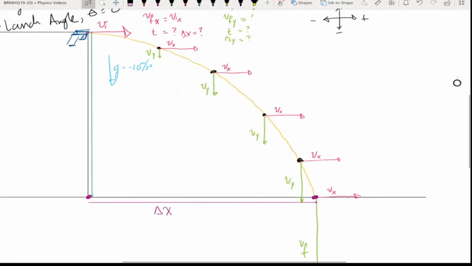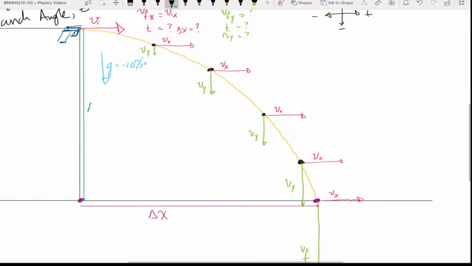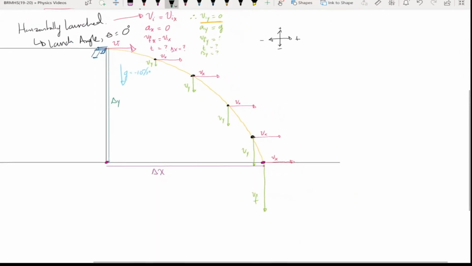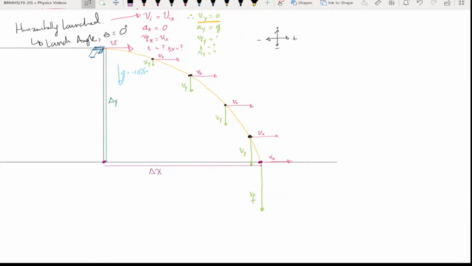Okay, so there's the vertical displacement. That's our delta y, beginning to end point. Notice I got the arrows there. I'm not just drawing the height. I'm actually putting arrows there to show that it's a displacement vector. So stuff is happening in the x and y. Purple and pink, that's x direction stuff. Pink's the horizontal velocity, vx. It's staying constant the whole time.